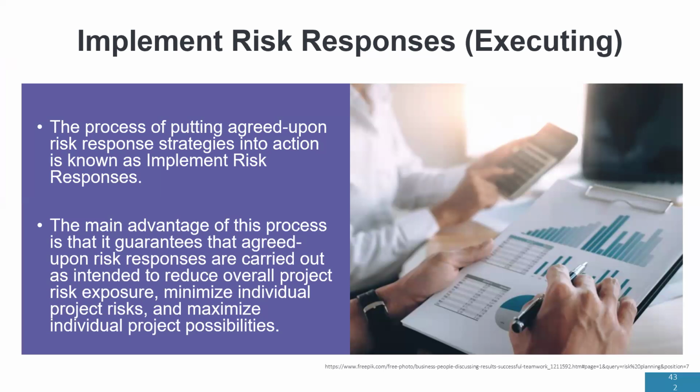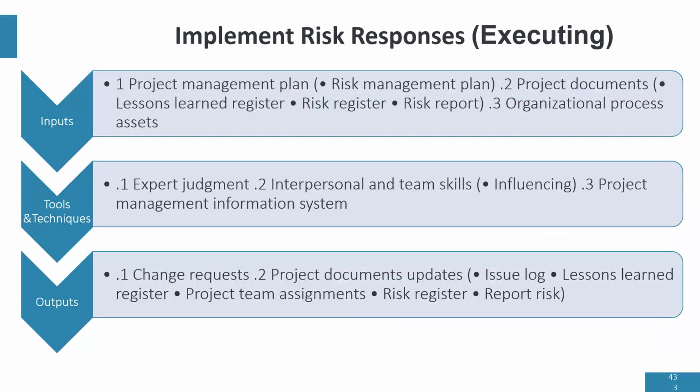Then implement risk response is what we simply do when a risk happens. You go to your risk register, look at the risk response you've selected for that risk, and then execute it.